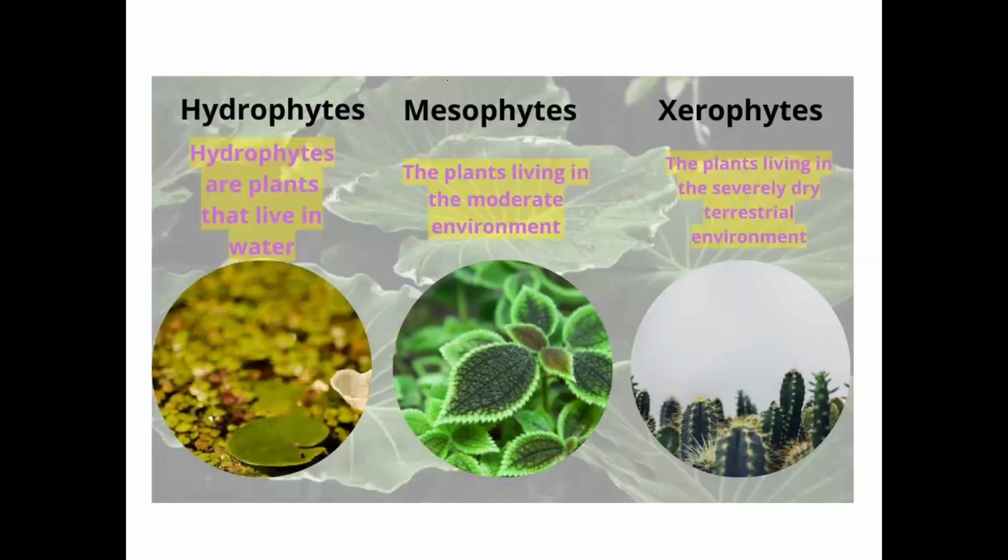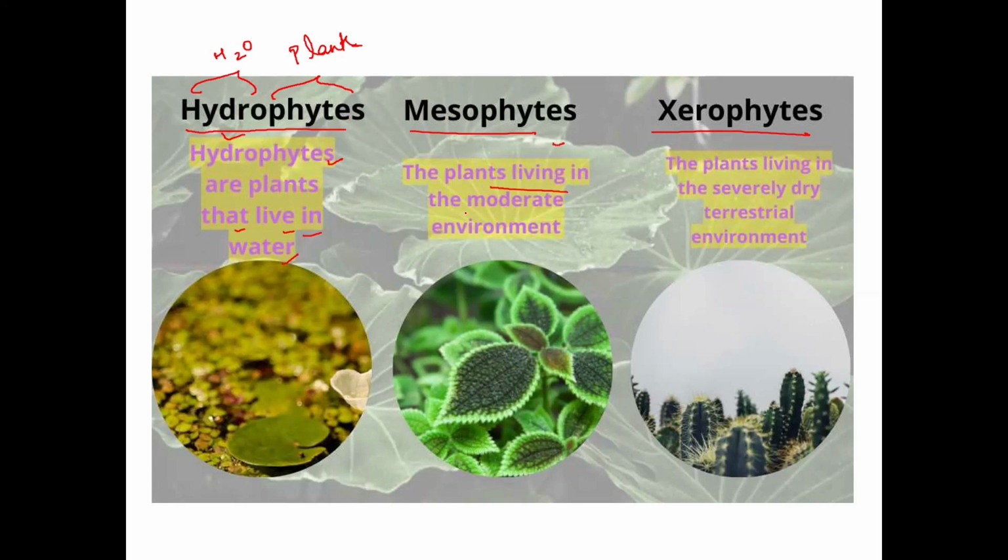Let's understand the new topic: hydrophytes, mesophytes, and xerophytes. Let's understand the meaning of these three terms. First one is hydrophytes. Hydro means water, phyte means plant. Easy. So basically the plants that live in water are called hydrophytes.